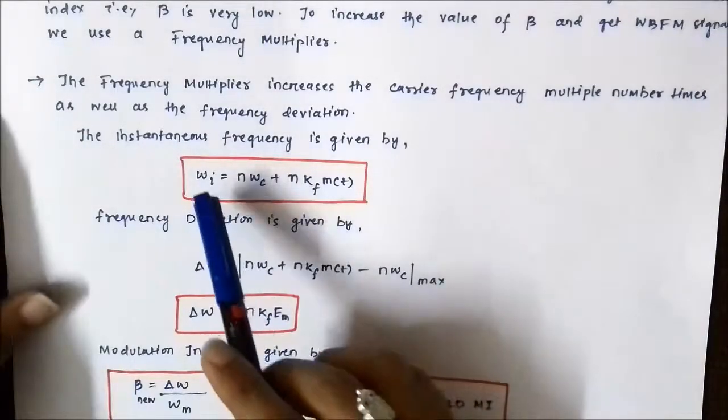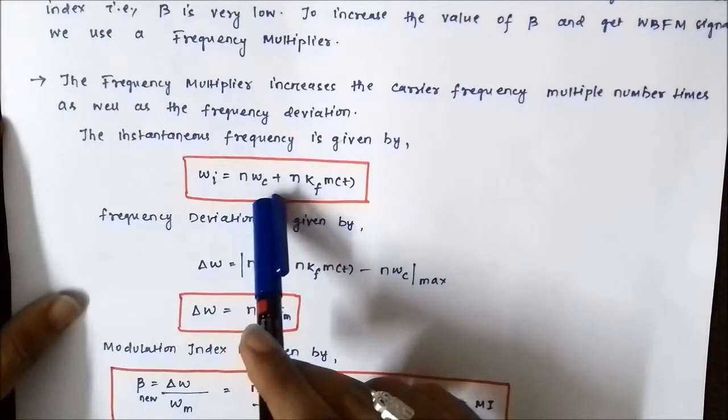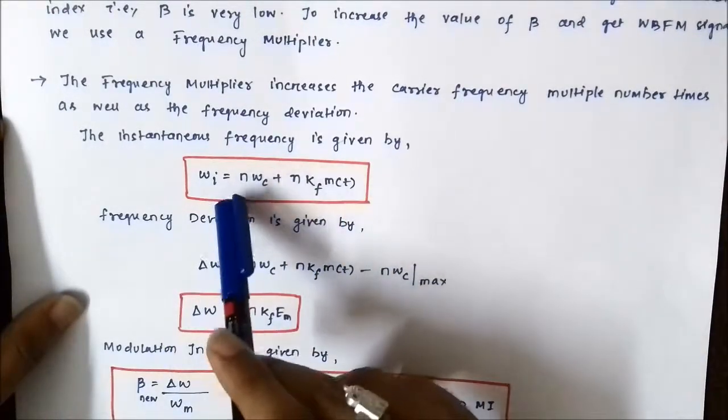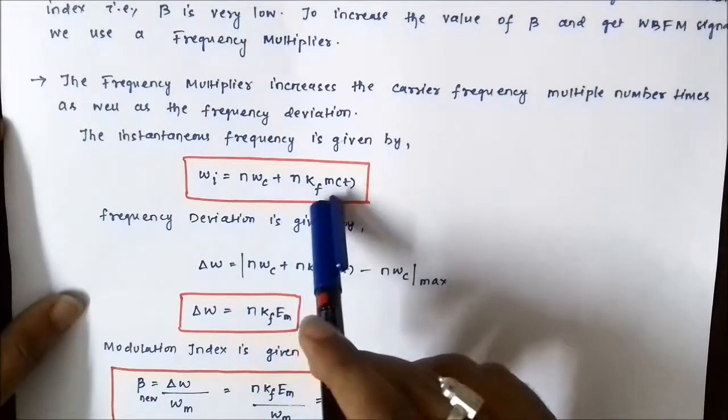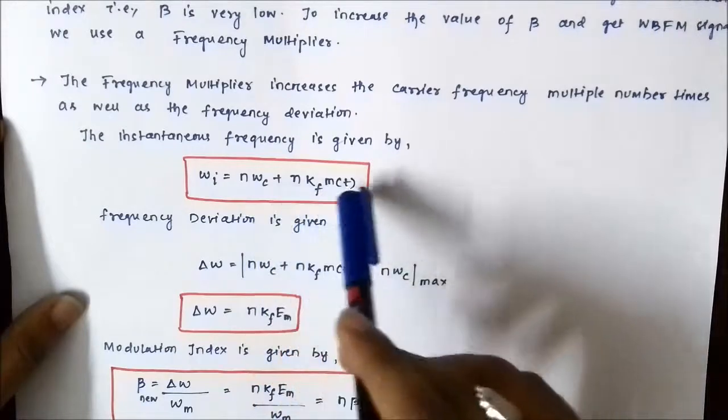So, we get an instantaneous frequency value as nωc + n kf m(t). In normal circumstances, it would have been ωc + kf m(t) only, but here the factor n gets multiplied with both of them.